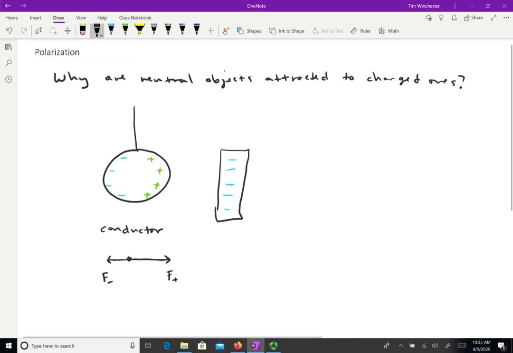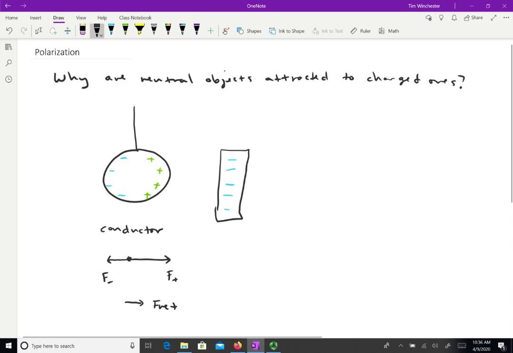So we know that the force between charged objects depends on distance. The closer the objects are together, the stronger the force. And so in this case, there actually is a net force to the right, even though there's no net charge on the conductor. And so that's why we see that neutral conductors are attracted to charged objects.